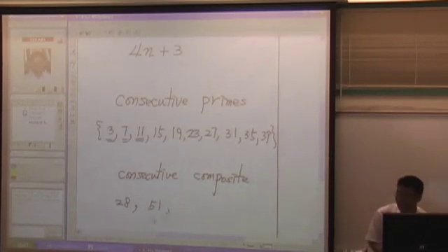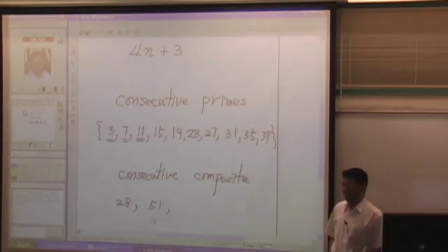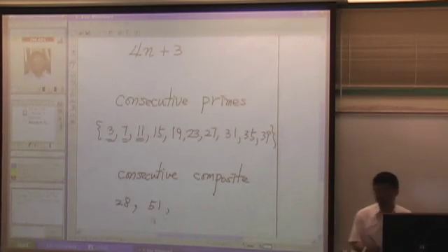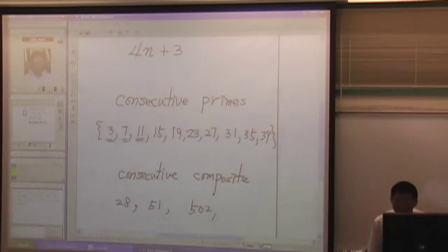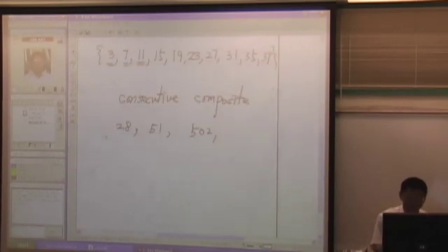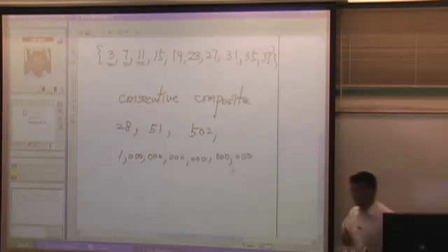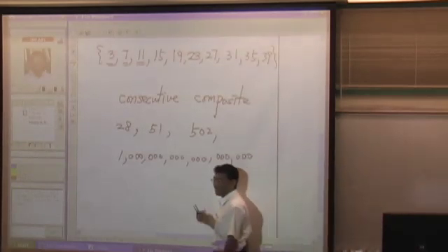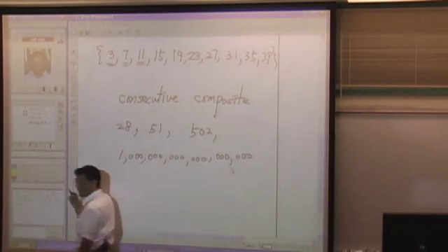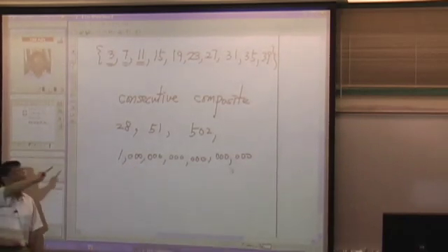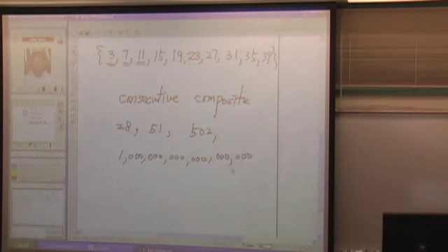Someone can pick a bigger number than this, outrageously, not just slightly. So instead of letting you pick, I will pick this number. Will this be enough? I can pick, in fact, any number. Then I can find this many consecutive composite numbers.